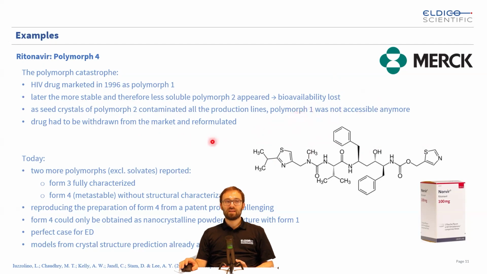And eventually this led to the drug being withdrawn from the market, and it had to be reformulated, which of course cost the company a lot of money and reputation, and also lost all the patients their treatment for a certain time. And this is why pharma companies nowadays are spending a lot of effort on polymorph screening to avoid such polymorph catastrophes. Nowadays, even 2 more polymorphs of ritonavir are known.